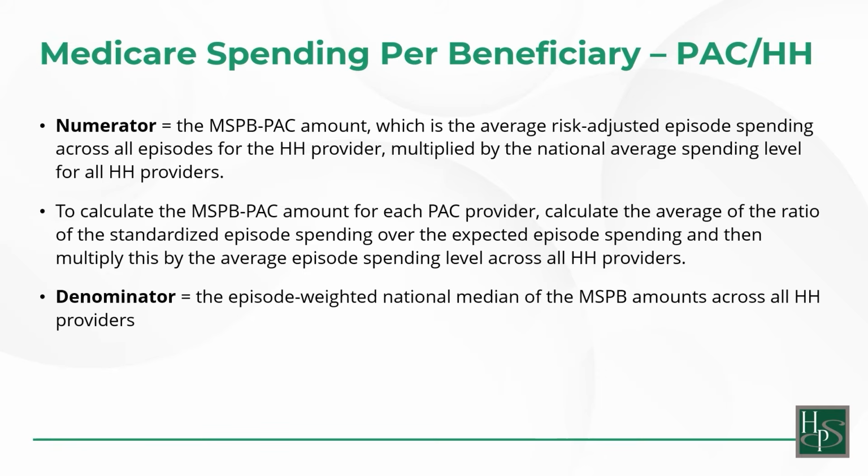To calculate this Medicare spending per beneficiary amount for each post-acute care provider, they calculate the average of the ratio of the standardized episode spending over the expected episode spending, and then they multiply that by the average episode spending level across all home health providers. And we're going to break that down and give some examples in just a minute. The denominator is the episode-weighted national median of Medicare spending per beneficiary amounts across all home health providers.